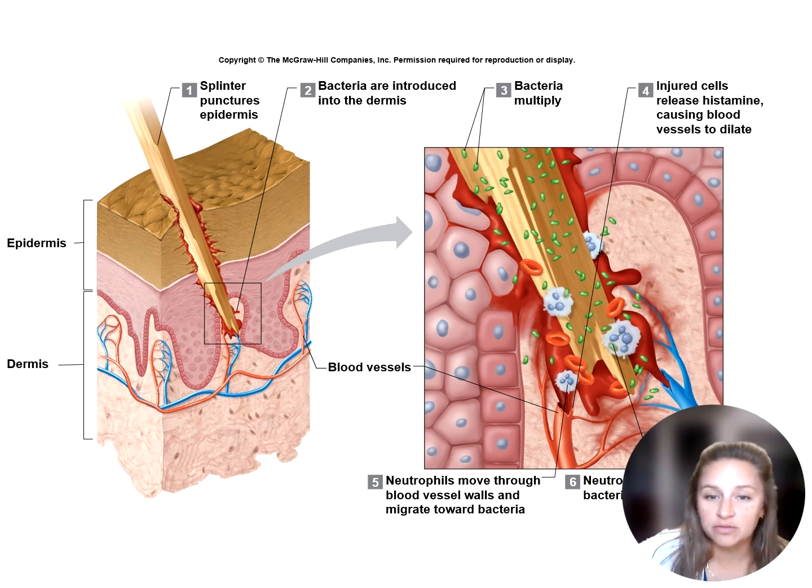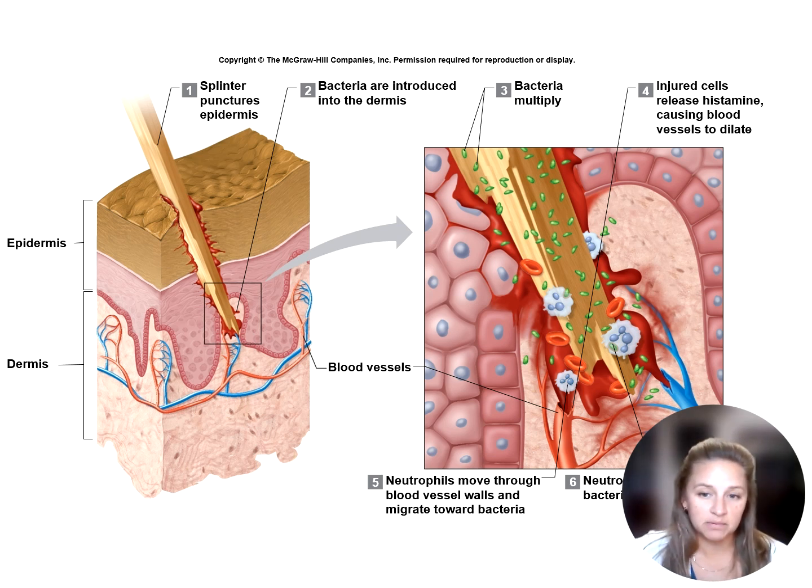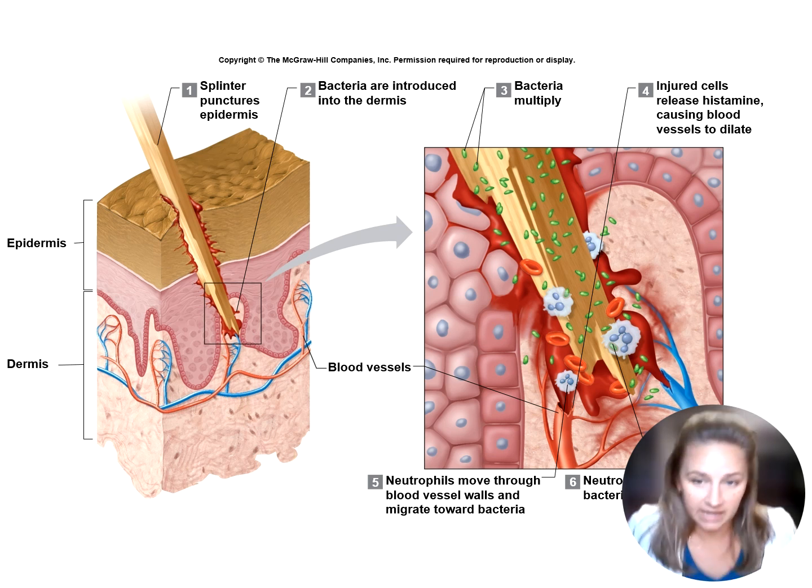So with the blood, and the red blood cells, also come the white blood cells, and neutrophils will move through the blood vessel walls and migrate towards the bacteria. And the neutrophils will destroy the bacteria by phagocytosis. And phagocytosis literally means cell eating. The way that it does this is these white blood cells have lysosomes in them, which is a cellular structure that's full of what are called hydrolytic enzymes.